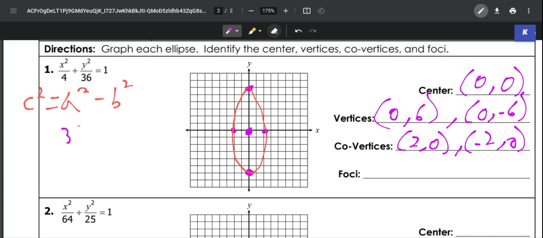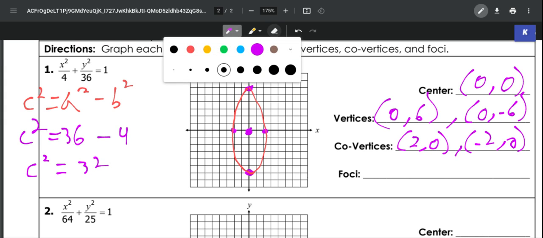A squared was 36 because that's our larger denominator. And it's already a squared as it's written in our general form. So we don't have to change that. And then it's going to be subtracted by our smaller denominator, which is 4. And just make sure that you notice that this is c squared, not just c. So we're going to have c squared is equal to 32.